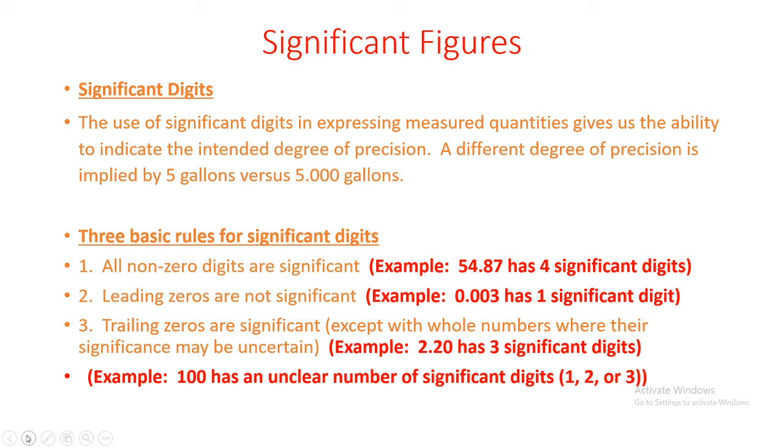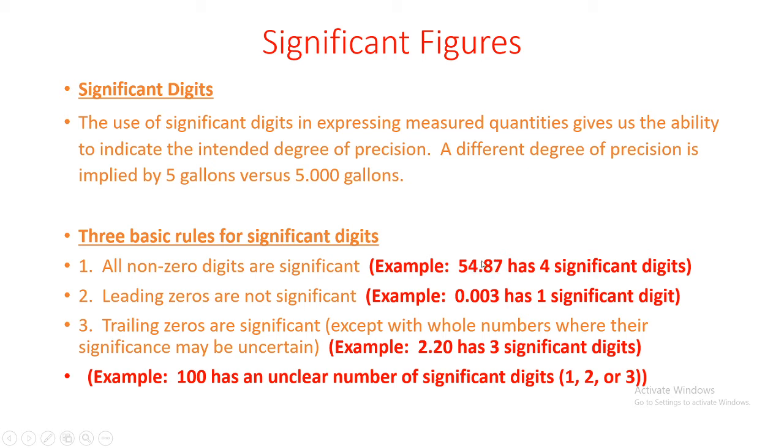Okay. Now, there are 3 basic rules for significant digits. One of them: all non-zero digits are significant. So, for example, this number has no zeros in it, right? So all 4 of these numbers here count. So there are 4 significant digits that make up this number.